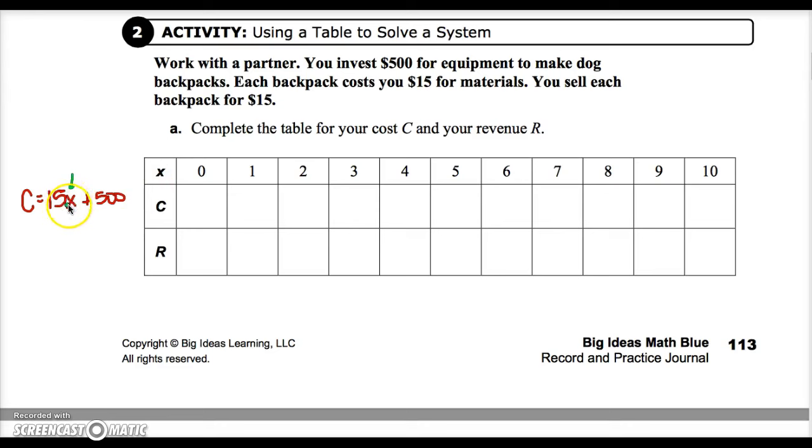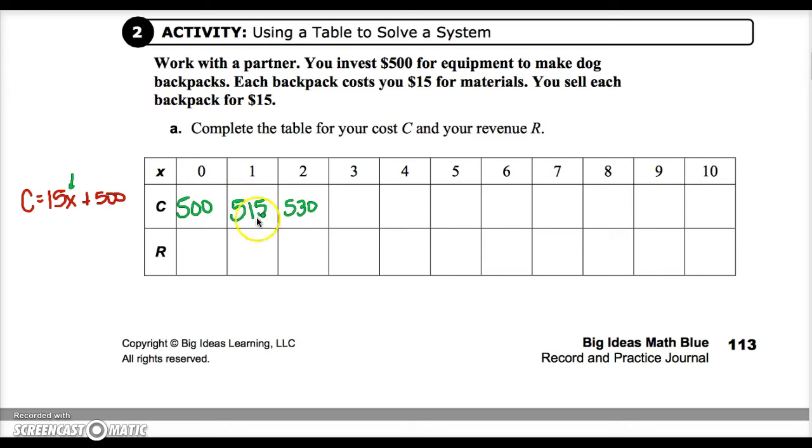So 15 times 0 is 0, plus 500 is 500. Then I'm going to plug in a 1. 15 times 1 is 15, plus 500 is 515. Now I'm going to plug in a 2. 15 times 2 is 30, plus 500 is 530.